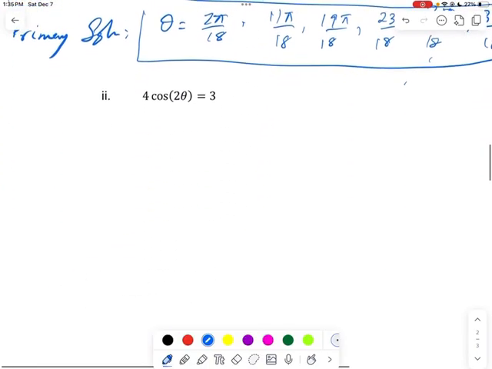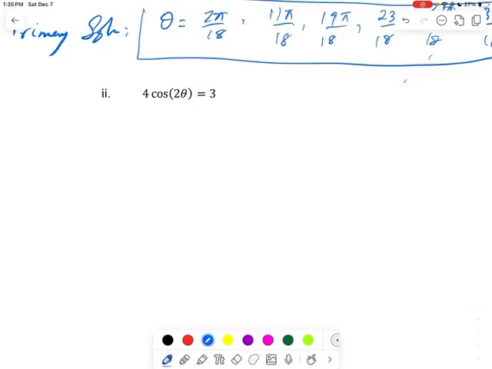Okay. Looking at the next equation. I think this was supposed to be cosine squared. So if you have this situation, you can now say from here that cosine squared 2 theta equals 3 over 4.